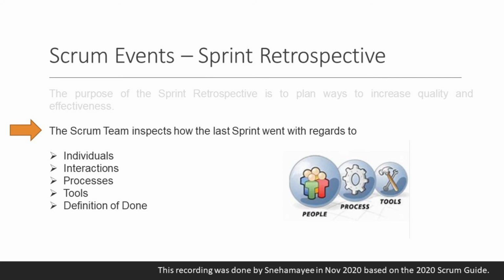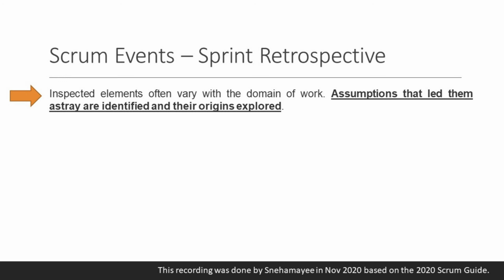The Scrum team inspects how the last sprint went with regards to individuals, interactions, processes, tools, and definition of done. Inspected elements often vary with the domain of work. Assumptions that led them astray are identified and their origins explored.